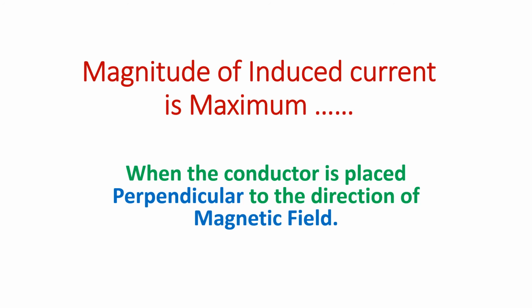That means when the conductor is perpendicular to the direction of magnetic field, it will be properly cutting or disturbing the field lines. As a result, there will be maximum generation of induced current in the conductor.